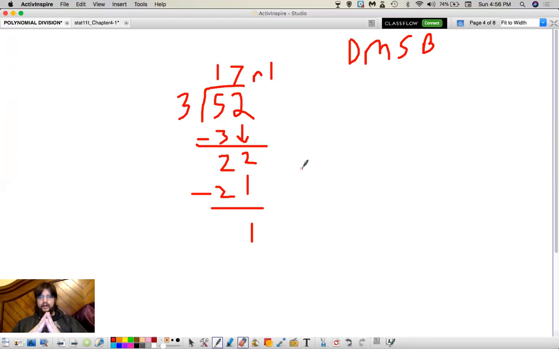What do we do with that? Well, this is 17 and 1 over our divisor, 17 and 1/3. And that's exactly what we're going to do here. We take our remainder, whatever we have left over, and put it over our divisor. So let's go back.